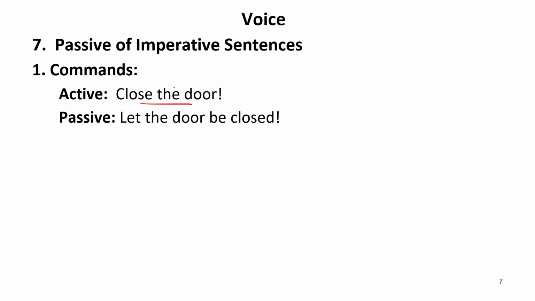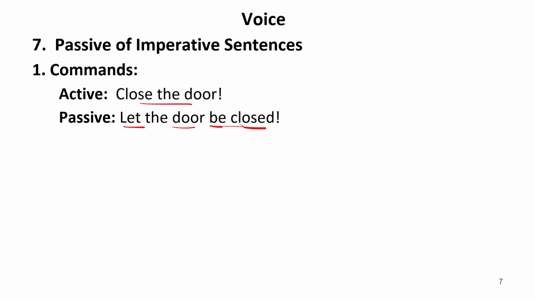Now, this type of sentence can be converted into passive voice in two forms. First, we can begin the passive sentence with let the door be closed. So here we have be form, we have verb third form, and we have object on the subject base. The subject is implied that it is saying to you, or it has been said to you.